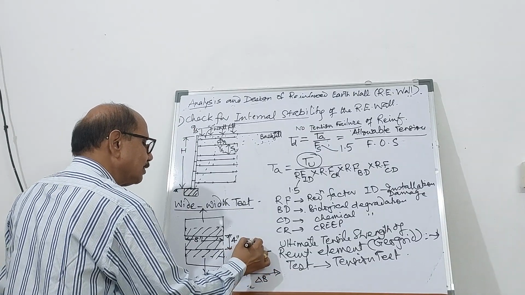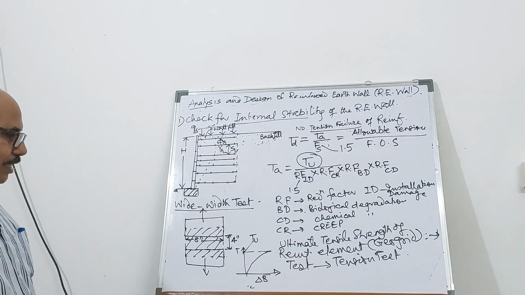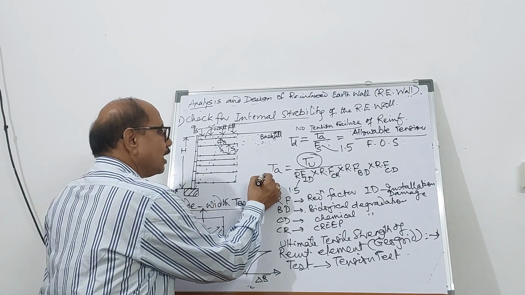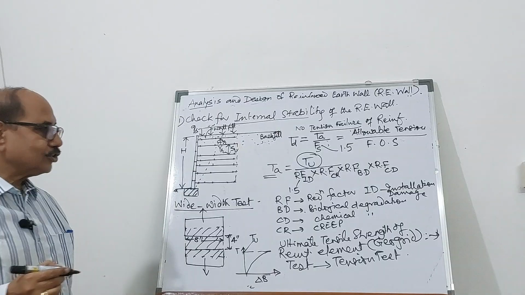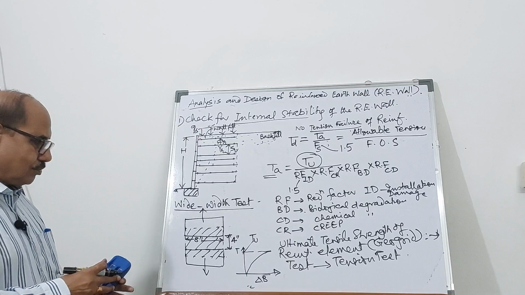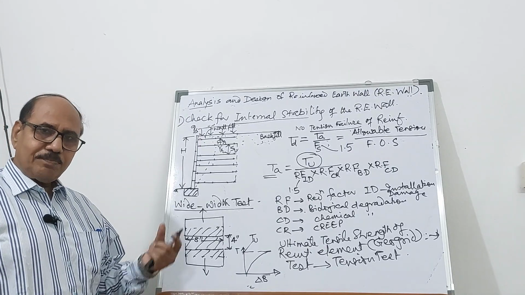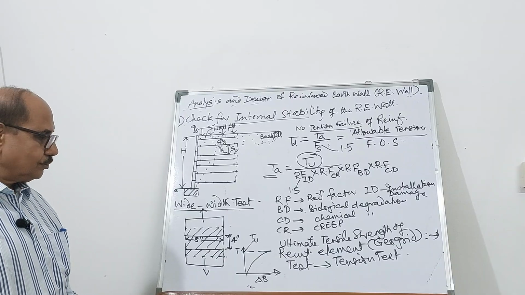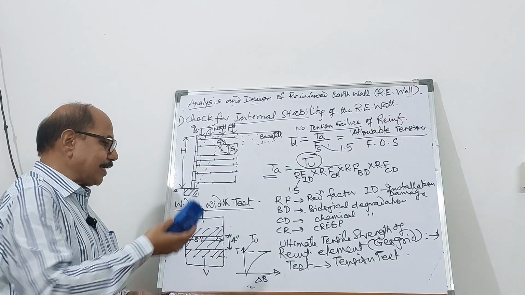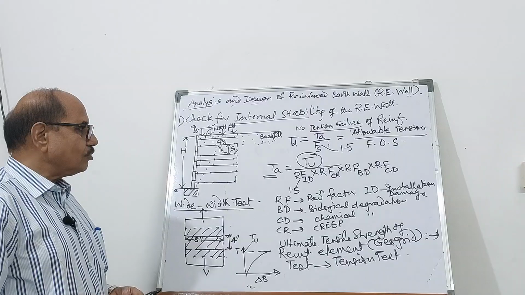So you are going to get TU, the ultimate tensile strength. And then you can find out the allowable tensile strength of the material. There is another test which is called narrow width. The sample size will be different. So these are the laboratory tests that you can perform and you can find it out.